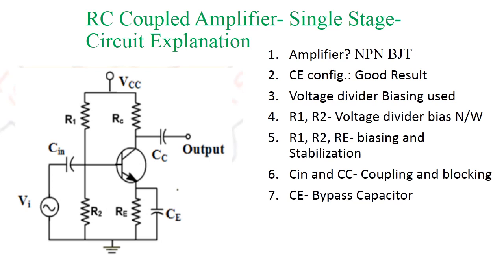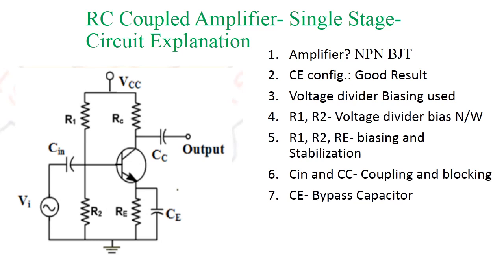So in this diagram you can see the biasing voltage is VCC, input AC voltage is Vi, R1 R2 are resistors used for voltage divider biasing, RC is the collector resistor, RE is the emitter resistor, CE is a capacitor which is connected parallel with the RE, CE is the bypass capacitor, Cin and Cc are coupling capacitors.